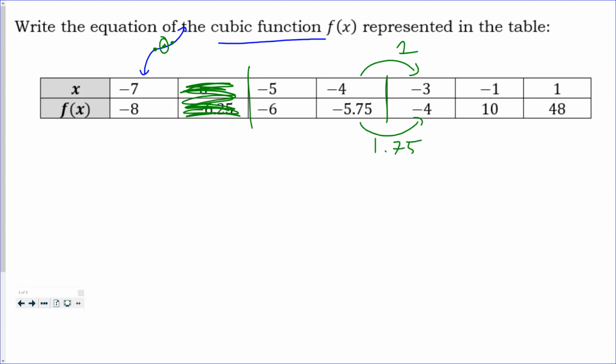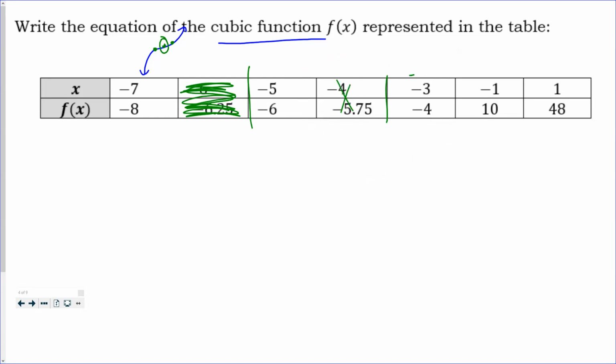So if I go 1 to the right with x's, I have a y difference of 1.75. If I go 1 to the left, I should have the same y difference, right? But from -5.75 to -6, that's -0.25. It's not the same. That tells me that -4, -5.75 is not the middle of the whole graph, so that cannot be my HK point.